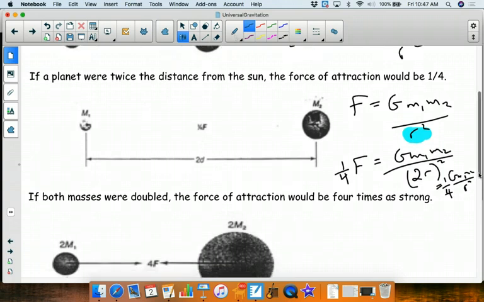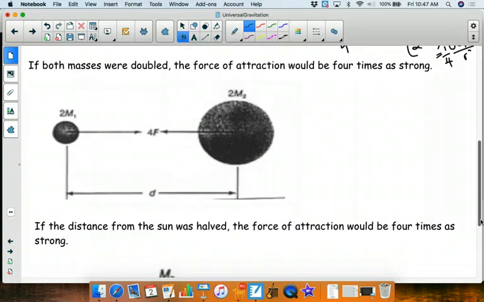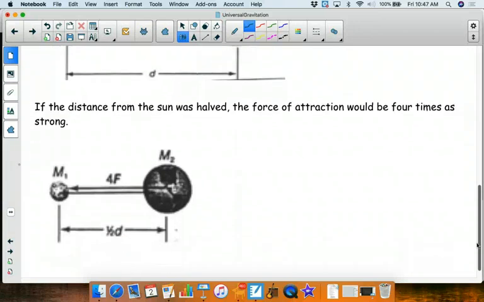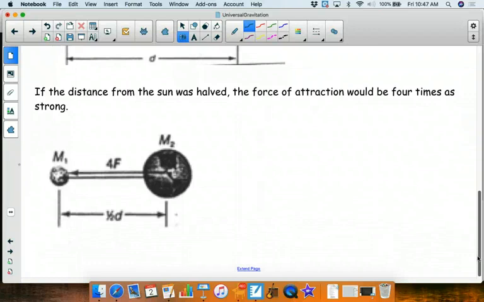Right? Okay. If both masses are doubled, the force is 4 times as strong, right? 2 times 2 is 4, so 4 times the force. And if the distance from the sun is halved, again, because of that square factor, the force is 4 times as strong. Half is just divided by 2.